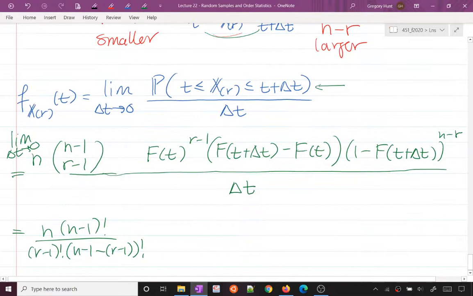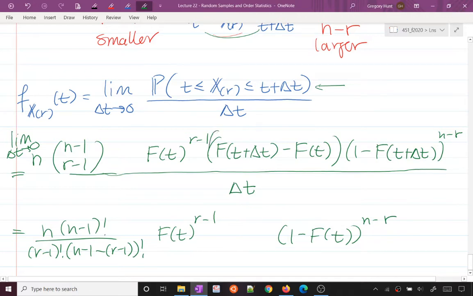And F of t doesn't depend on delta t, so that can come out. So F of t to the r minus 1. As I send delta t to 0, this last part of the expression just becomes 1 minus F of t. Everything's continuous, so that's okay.